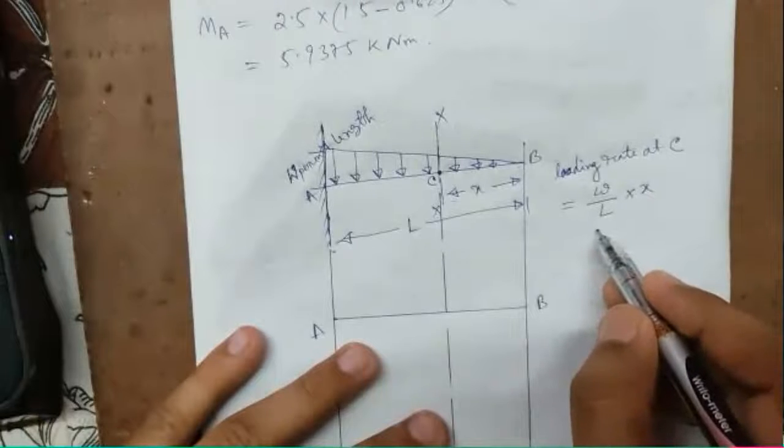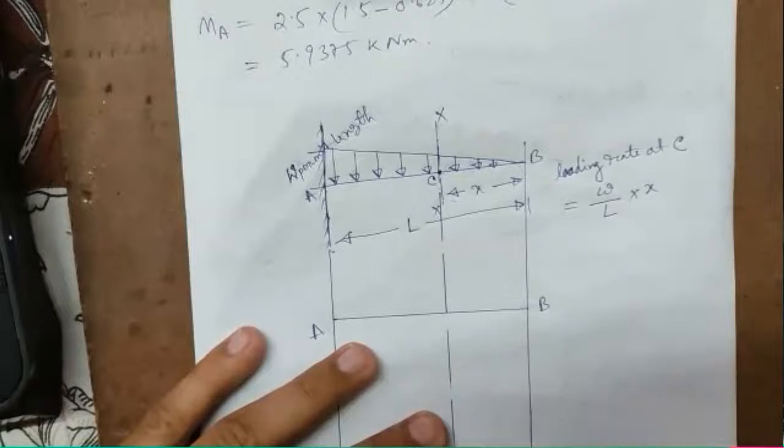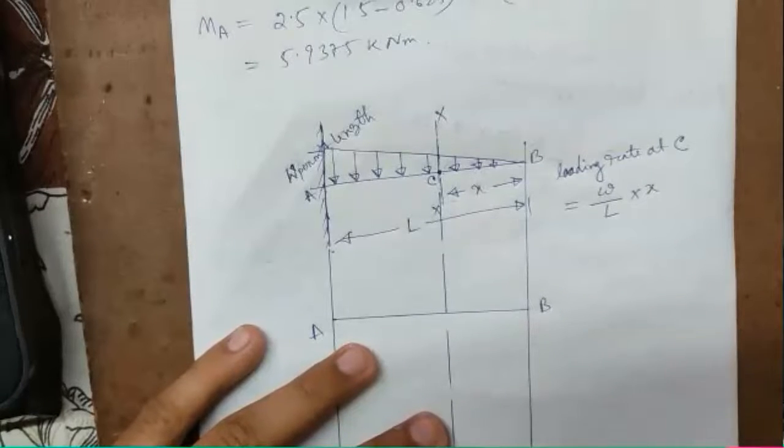So this is the loading rate at C. Now we have found out the loading rate. Now we have to draw the shear force diagram.